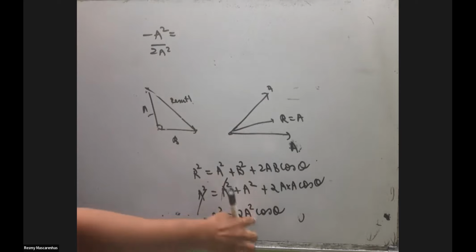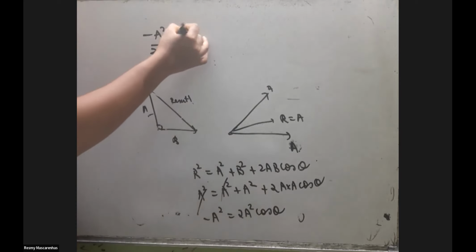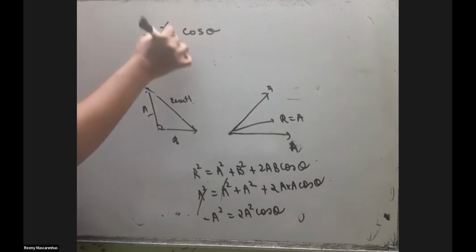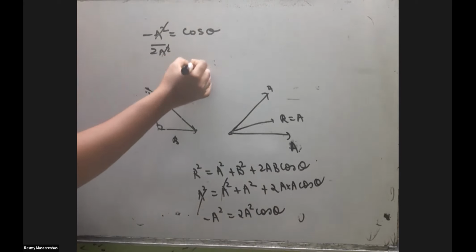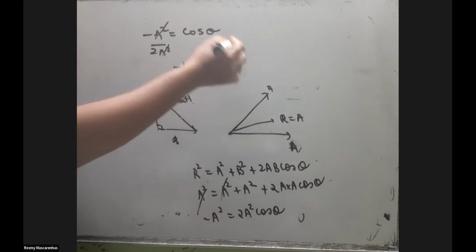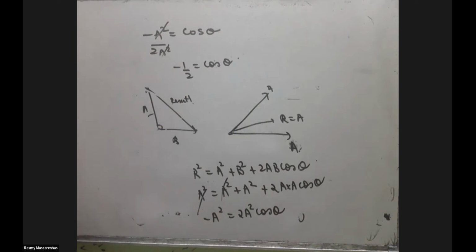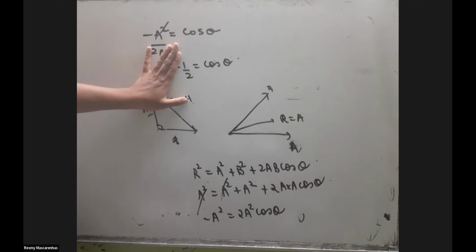This is multiplication. So when it goes to the denominator, it will become division. A square will cancel. If cos was this, positive, answer would have been 60 degree because cos 60 is half.